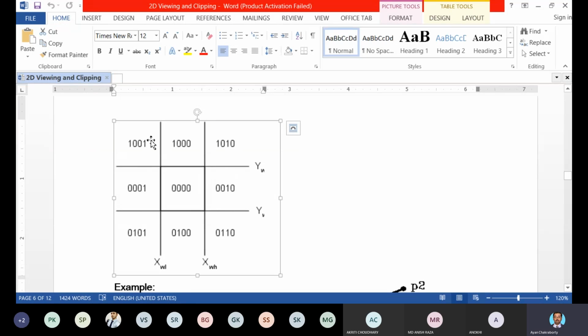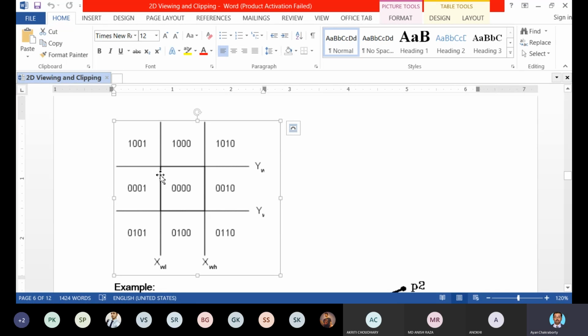Every block is a region, and every block is assigned a 4-bit region code. This 1001, 1000, then 1010, all of these are 4-bit region codes.